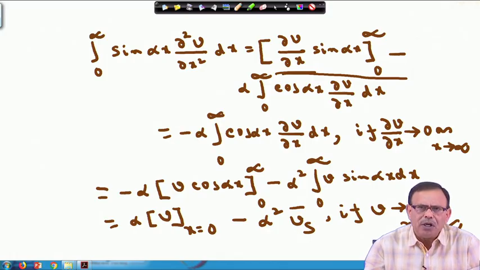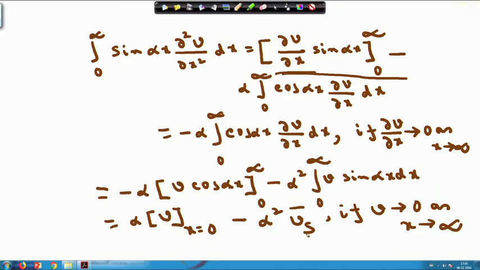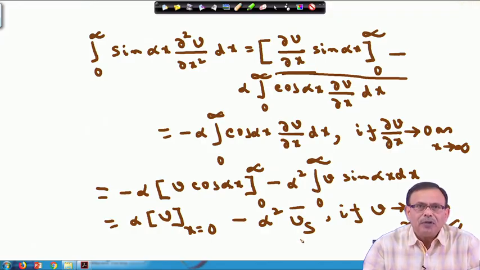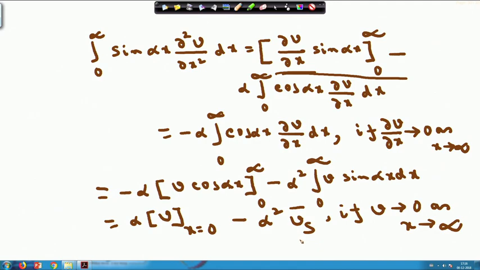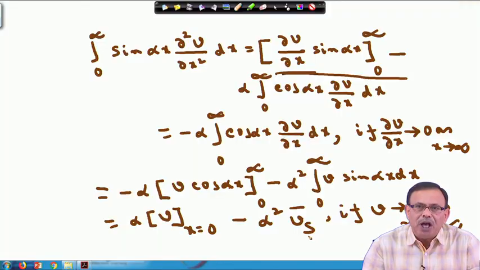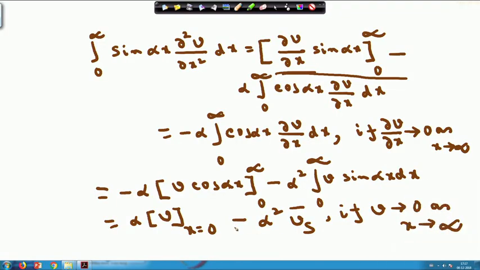Unless these two conditions are supplied, I cannot evaluate this integral. So the sine transform of del 2 v del x square, 0 to infinity sin alpha x del 2 v del x square dx, equals alpha into v at x equals 0 minus alpha square v bar s, provided I know that v approaches 0 and del v del x approaches 0 as x approaches infinity.